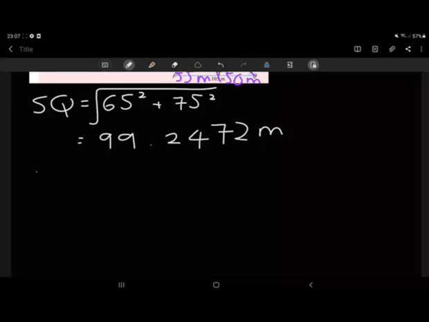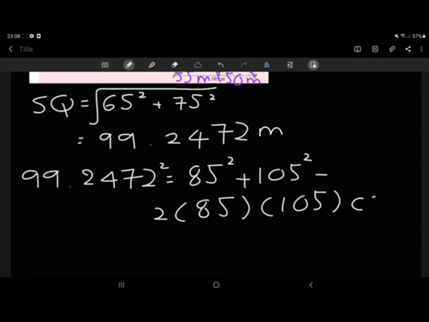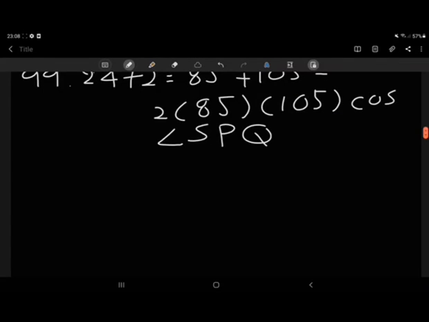We already get our SQ, so we can use the cosine rule. So 99.2472 square equal to 85 square plus 105 square minus 2 multiply 85 multiply 105 cos SPQ angle.